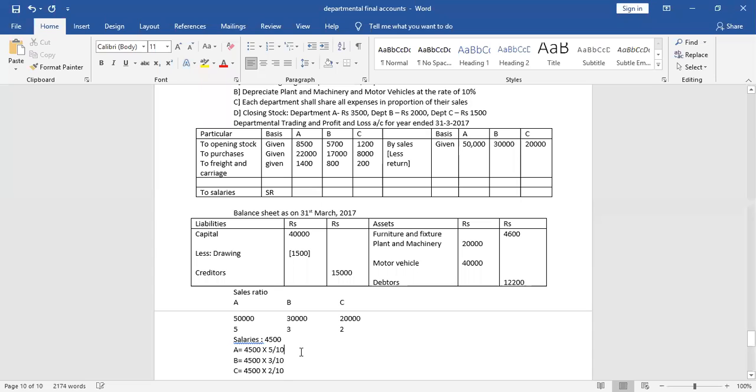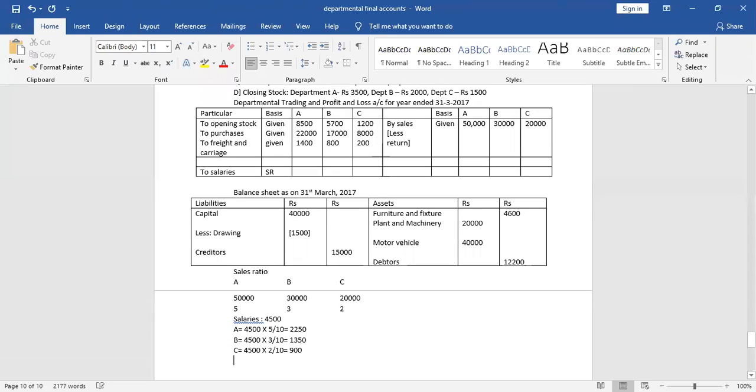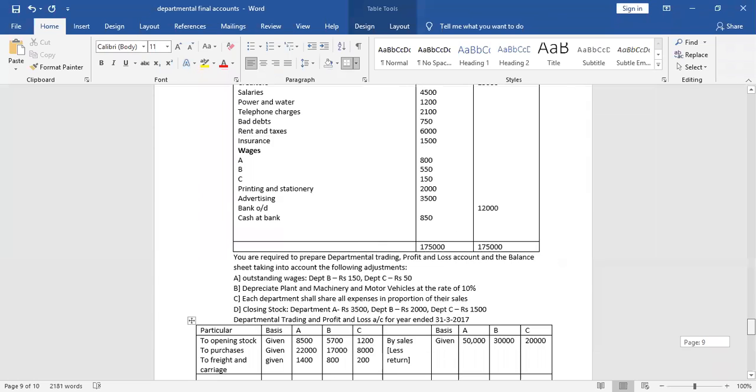What answers are we getting? 2250. Then 1350. And last one is 900. When we add all the three, we should get 4,500, so that we can cross check whether our answer is correct. So same way we have to do for other expenses also.